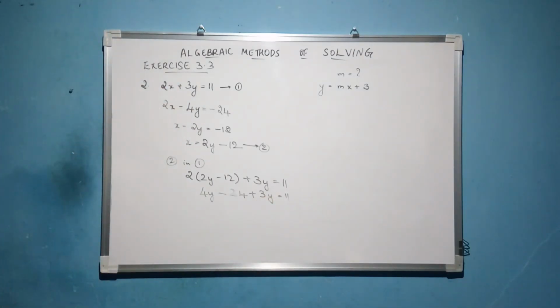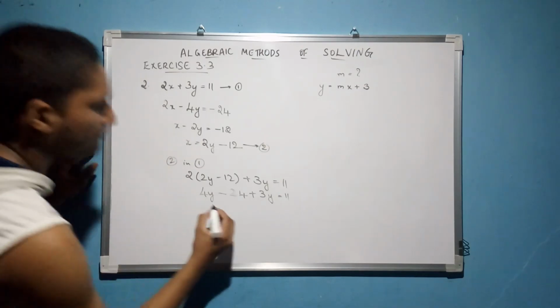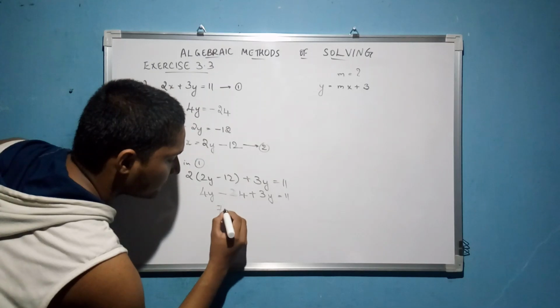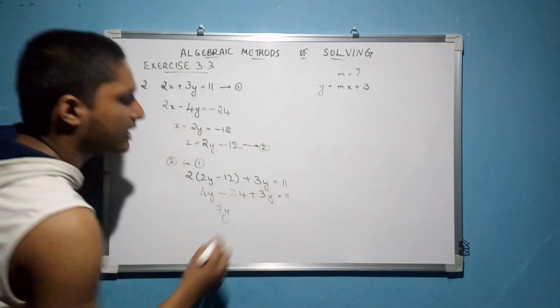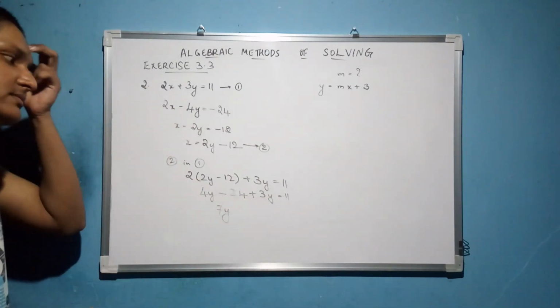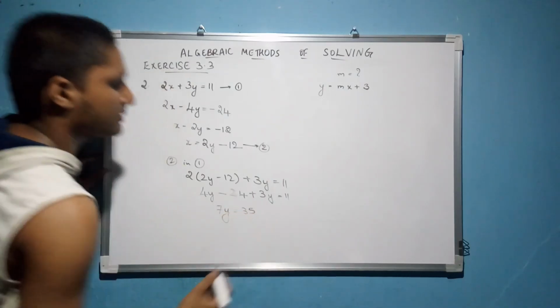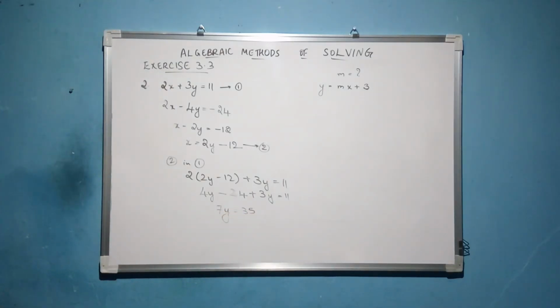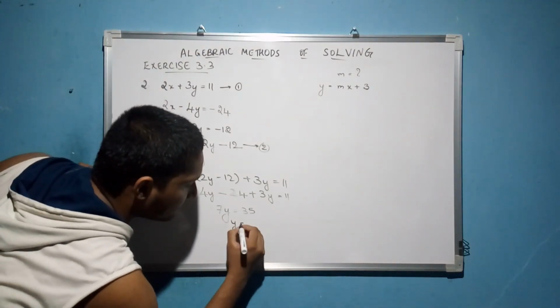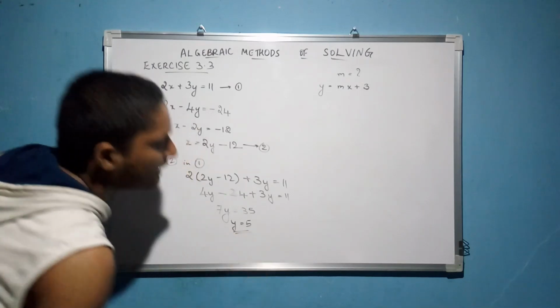Now it becomes 4y plus 3y, that is 7y, then minus 24 goes to the right hand side, that becomes 35. 7y is equal to 35. So if I cancel 7 on both sides, I am going to get y is equal to 5.